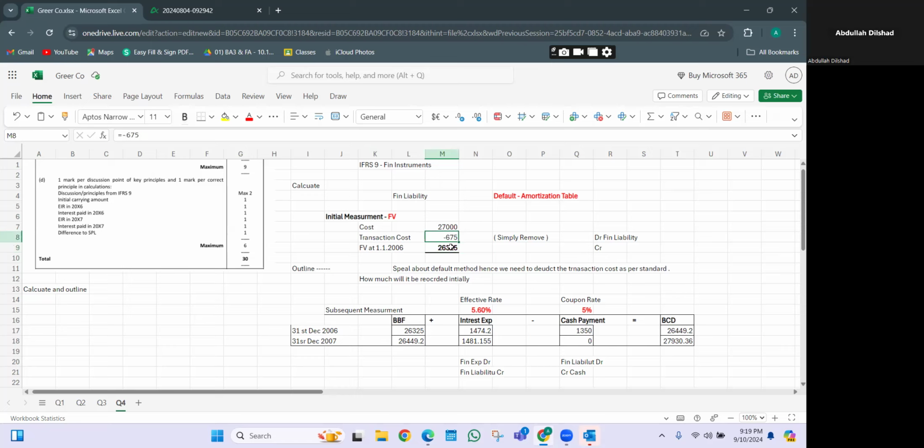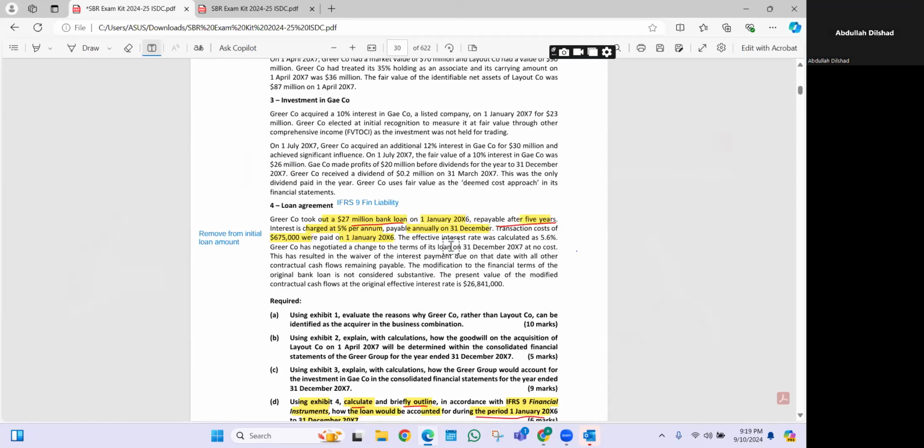How do we arrive at it? We would take the loan amount, and from that we will have to deduct the transaction cost. So that is in terms of initial measurement.